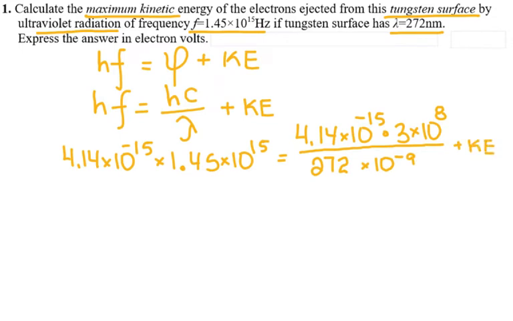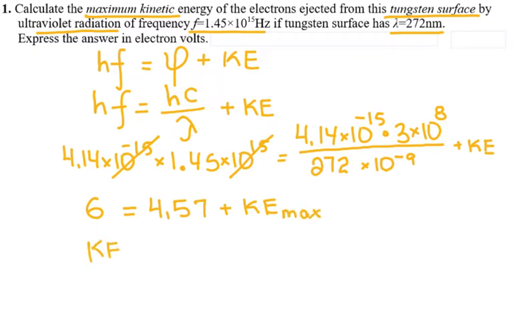Now if I plug in my numbers, this is what I get. Negative 15 and positive 15 cancel. If I multiply 4.14 and 1.45, I will get 6, and on the other side, if I simplify that, it will be 4.57, plus the kinetic energy of the electron, and that's going to be the maximum kinetic energy, the one that we're looking for.